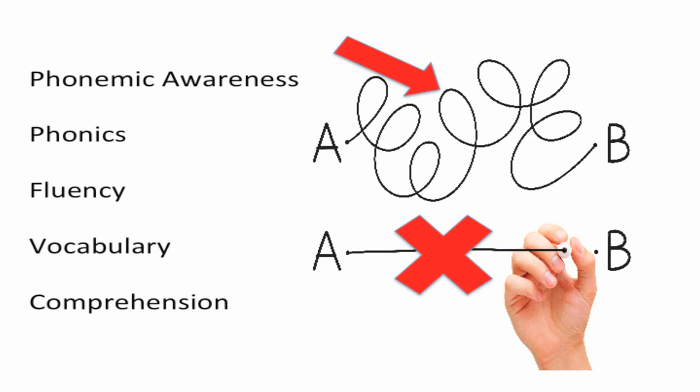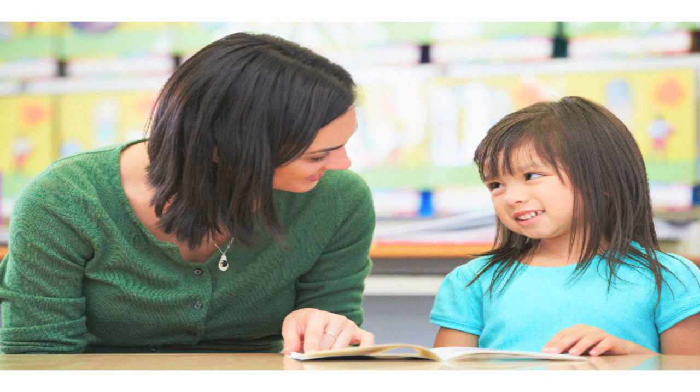The 5 components of reading are phonemic awareness, phonics, fluency, vocabulary, and comprehension. It is important to remember that readers do not develop skills in these 5 components in a strictly linear fashion.